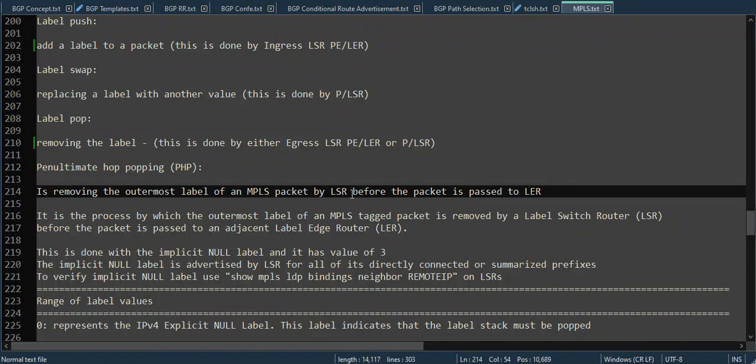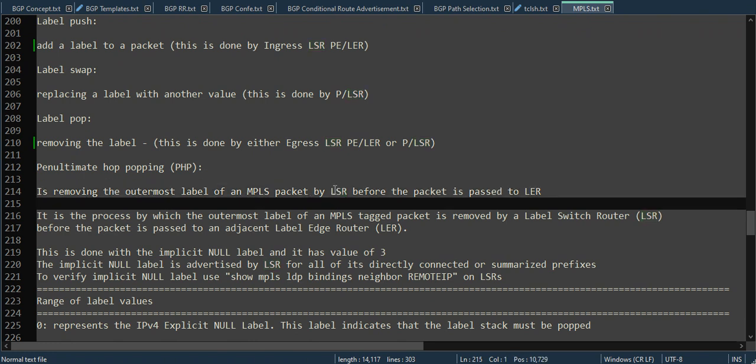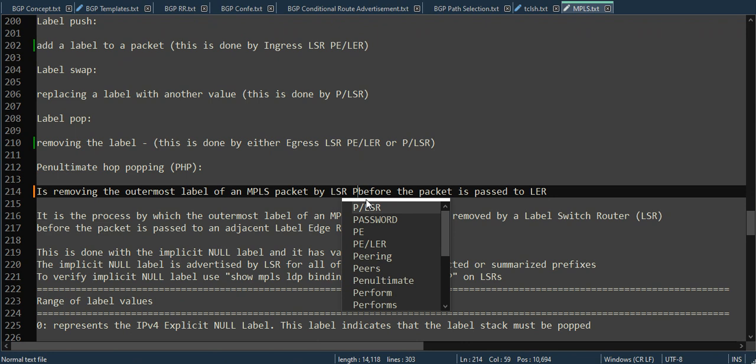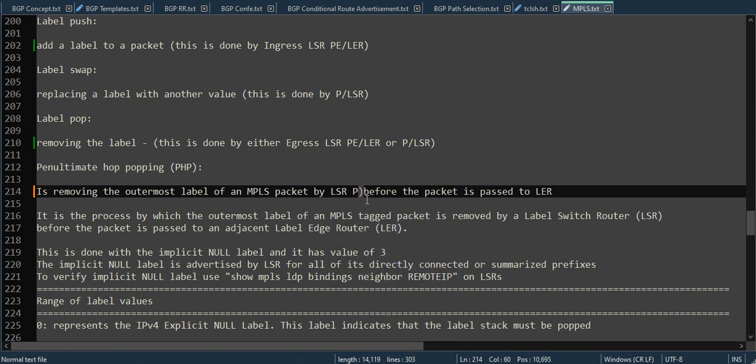Excuse me, this is done by the LSR, this is the P. Penultimate hop popping means removing the outermost label of an MPLS packet by the LSR or P, this is our provider router, before the packet is passed to the egress LSR.